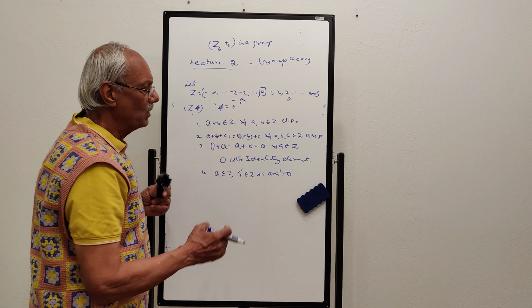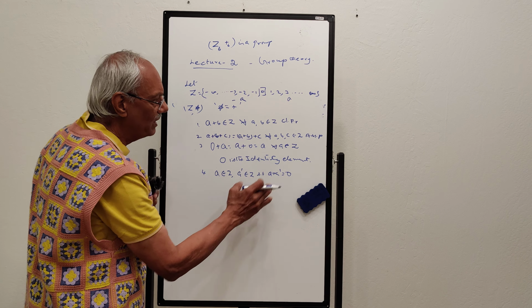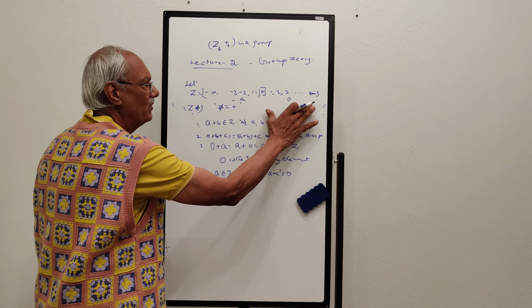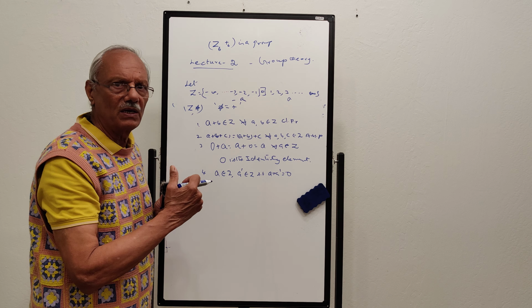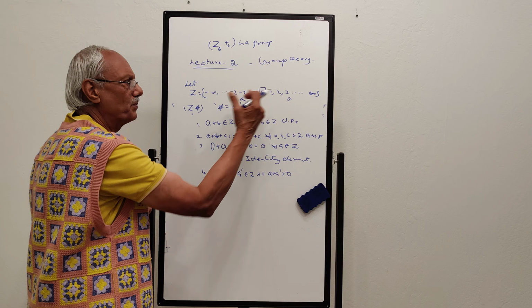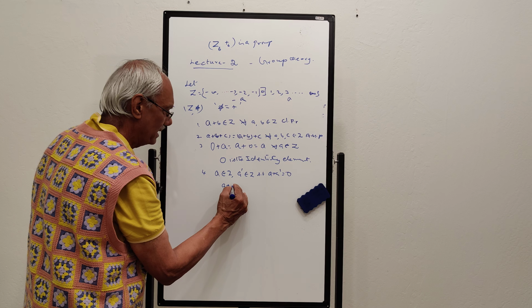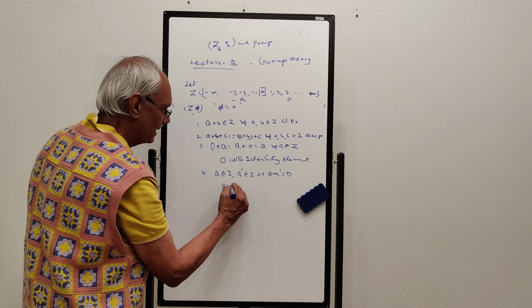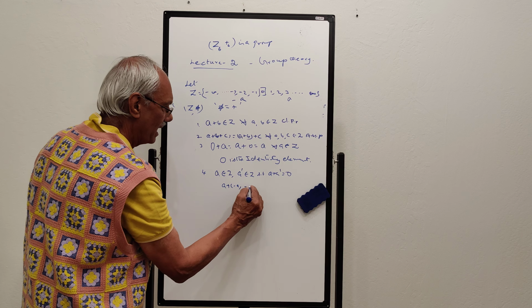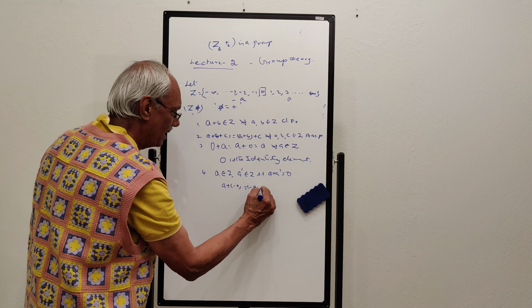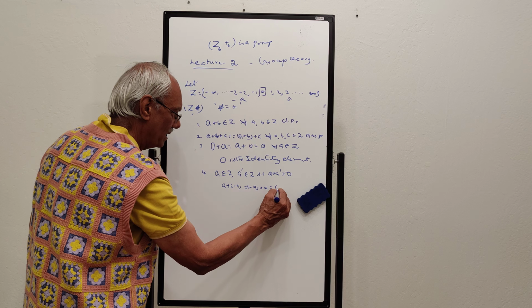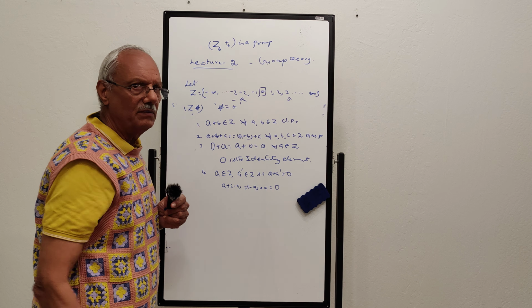Can you understand? Here we can obviously see that for every positive number there is a negative number, and for every negative number there is a positive number, such that minus a is present, and minus a plus a, if you add, will be equal to 0, the identity element.